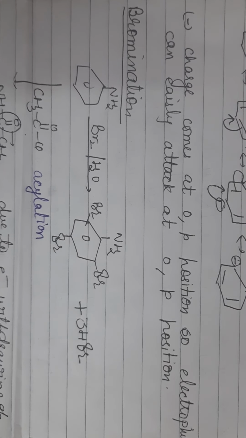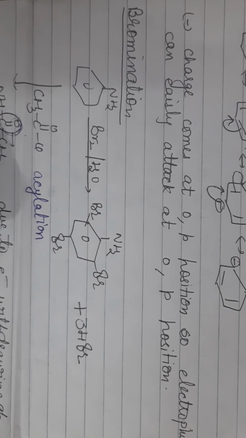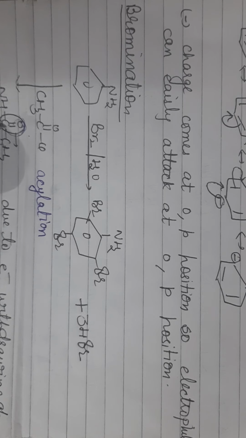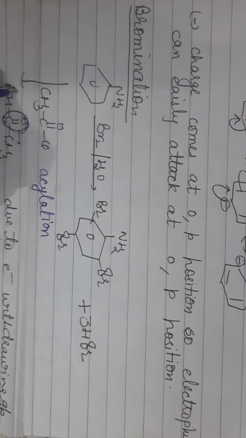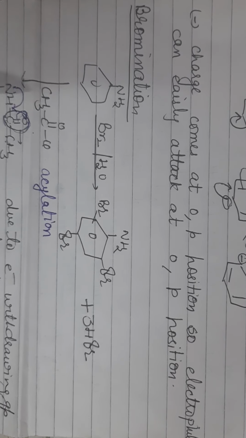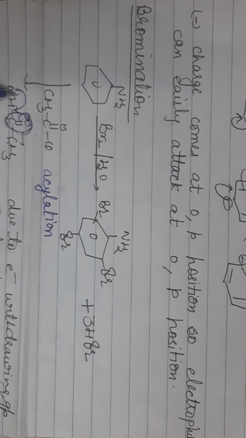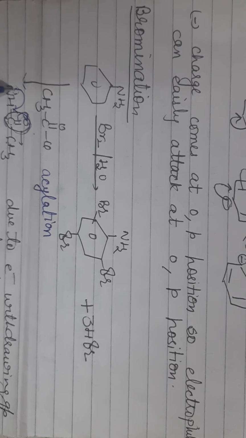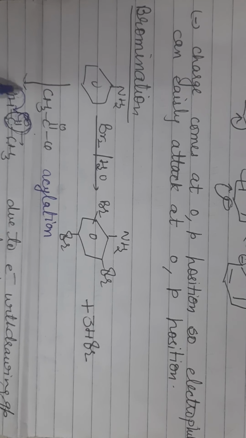When the acetyl group comes on the NH2 part of aniline, it is an electron withdrawing group. So it decreases the electron density on nitrogen due to resonance. It withdraws the nitrogen lone pair on itself, that's why electron density on nitrogen gets decreased.